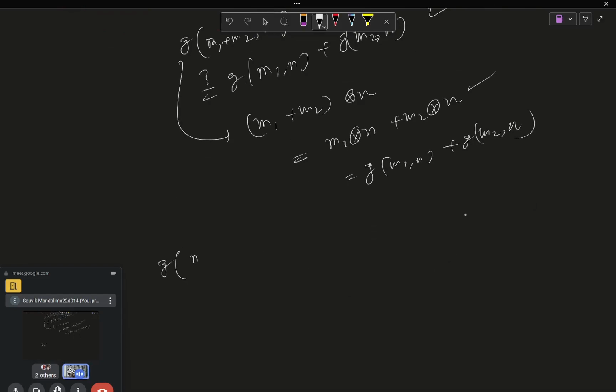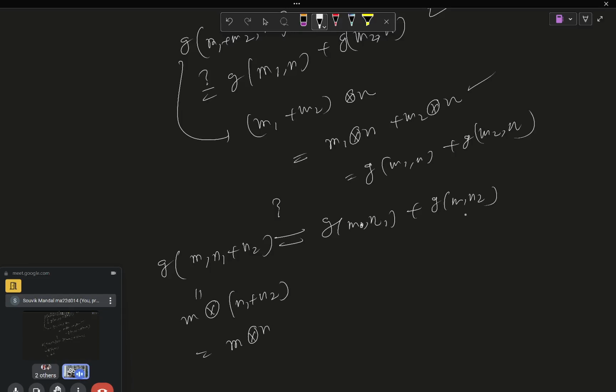We need to check whether g(m, n1 plus n2) is equal to g(m, n1) plus g(m, n2). By definition this is m tensor (n1 plus n2), and by the relation we just saw it breaks over the addition, equal to g(m, n1) plus g(m, n2). So this relation also holds true. Understand?